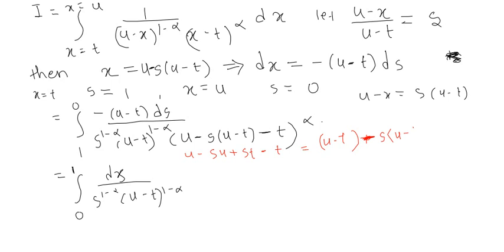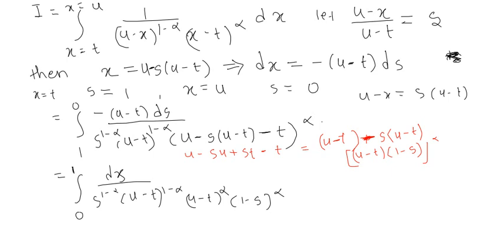Then again I can write this as (u minus t) into (1 minus s) by taking u minus t common. So this term inside the bracket can be written as (u minus t)(1 minus s), and then this full thing raised to alpha. So here I will get (u minus t) raised to alpha, (1 minus s) raised to alpha.